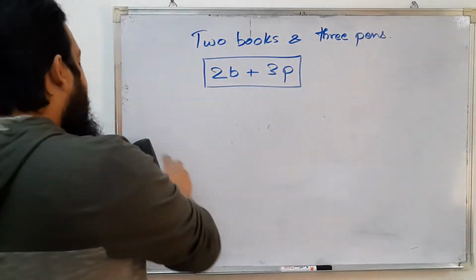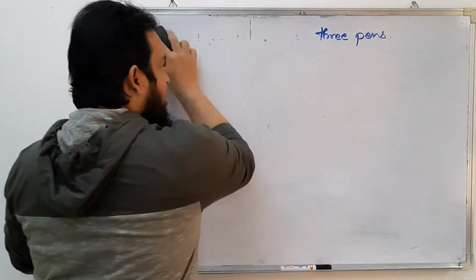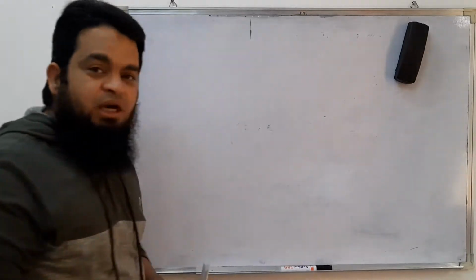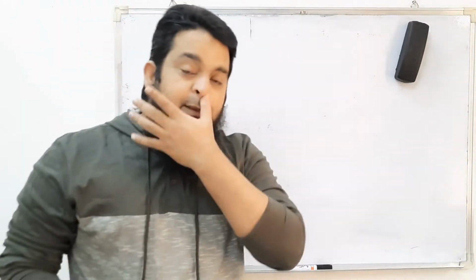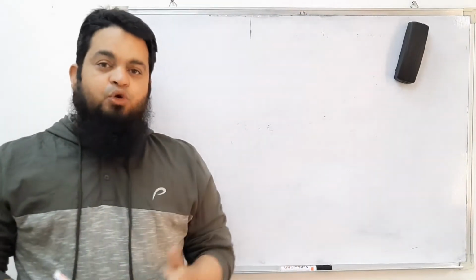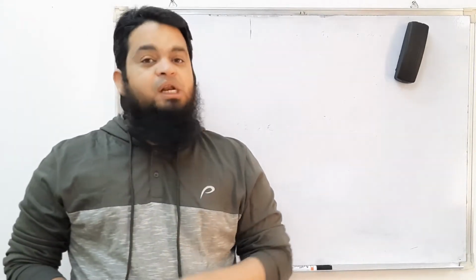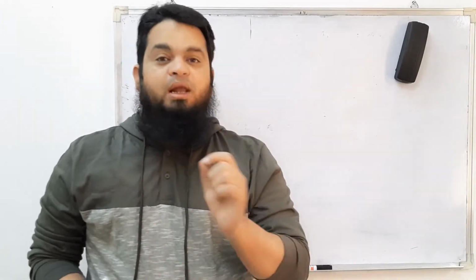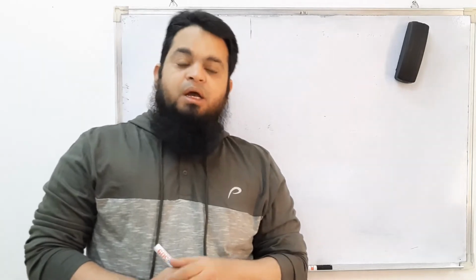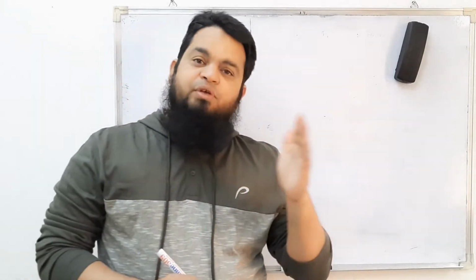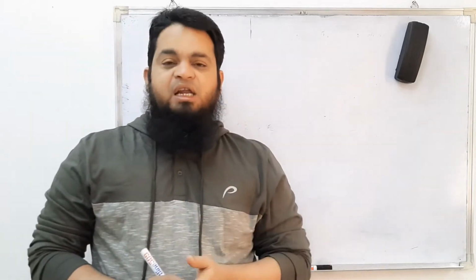Now what are polynomials? Not all algebraic expressions are polynomials. I hope you remember the definition: a polynomial is an algebraic expression where the power of the variable is a whole number. That means the exponent of the variable should not be negative and should not be a fraction.